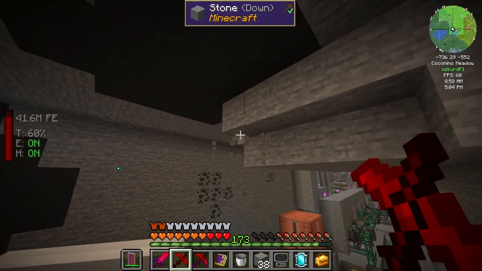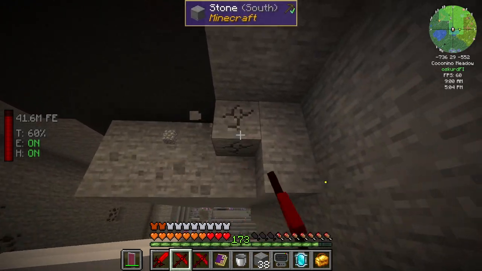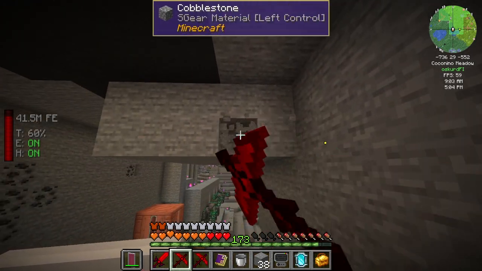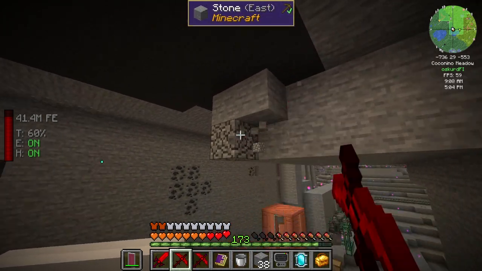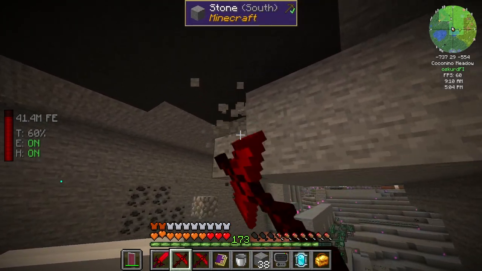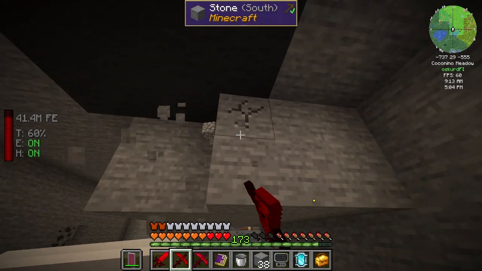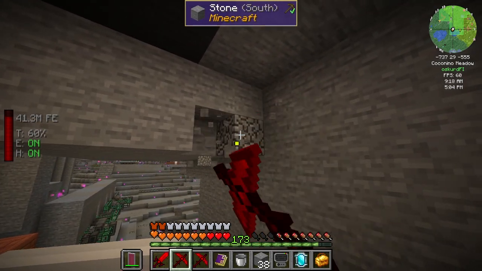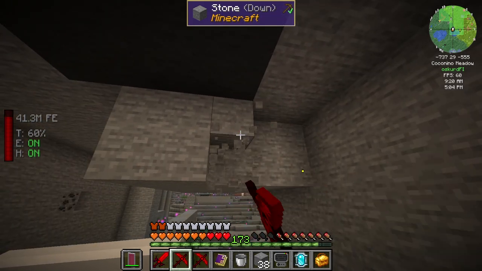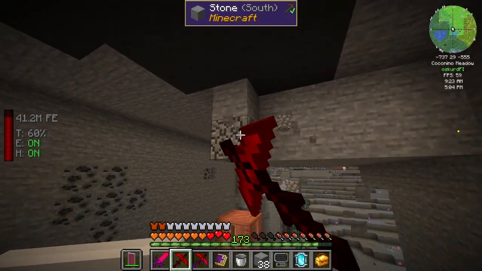Like, there's also an augment or enchantment or something, because you're mining obviously slower when you're flying or diving, that will remove that debuff when you're flying.